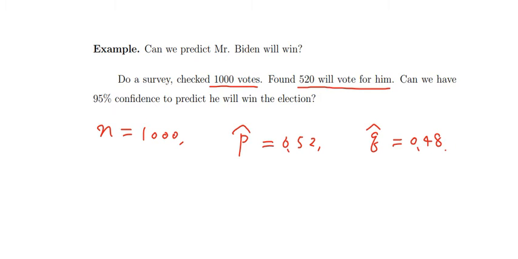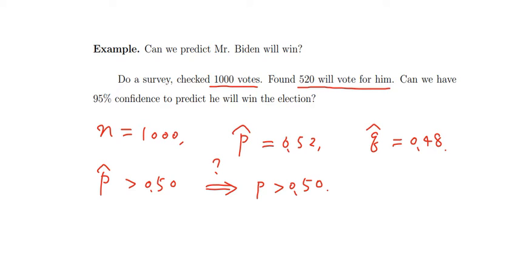So the question is, can we have 95% confidence to predict he will win the election? From our sample, this percentage is larger than 50. The question is whether we can conclude the true percentage is larger than 50.